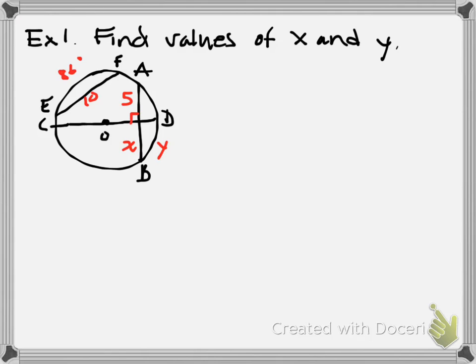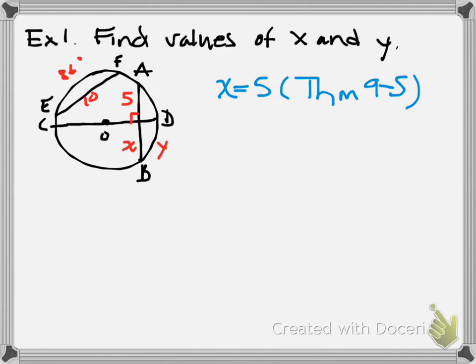Okay. So one of the answers we can get immediately just by looking at the information. What value do we know the answer to already? Yeah, what does x equal? It equals 5. And that comes from the theorem that we just talked about, theorem 9.5: a diameter that is perpendicular to a chord bisects the chord and its arc.